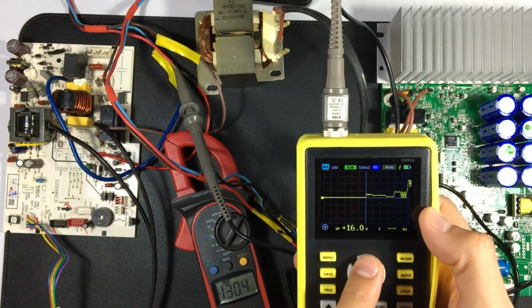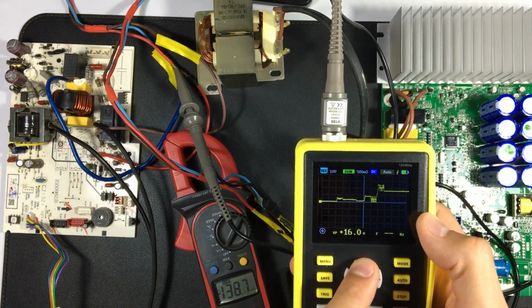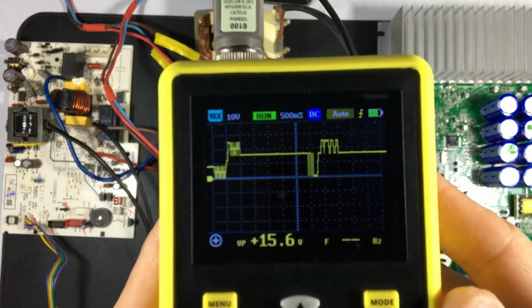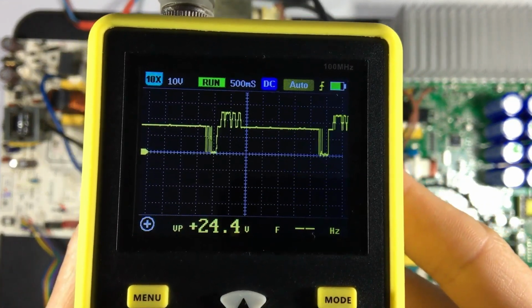We'll increase the voltage scale a bit so that 40 volts appear on the screen. Okay, there we have the same thing we saw with the multimeter.